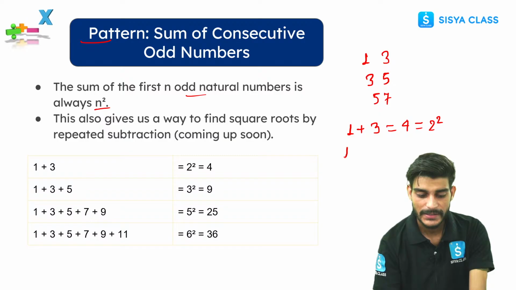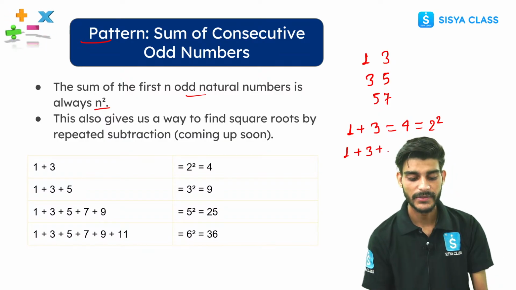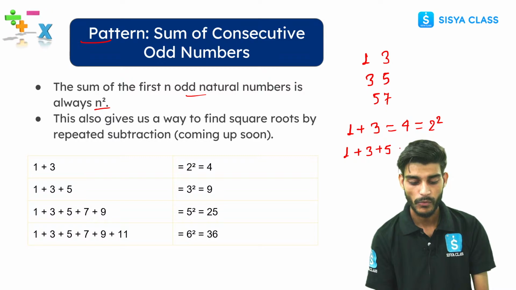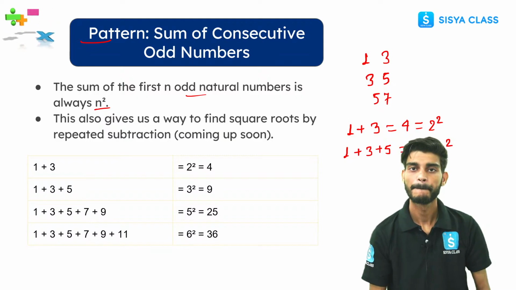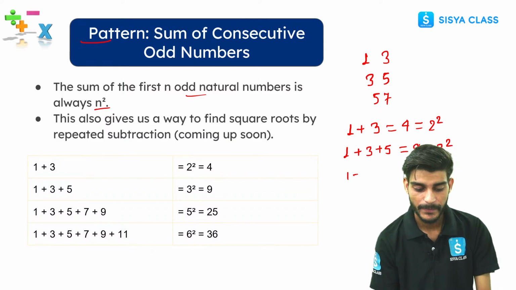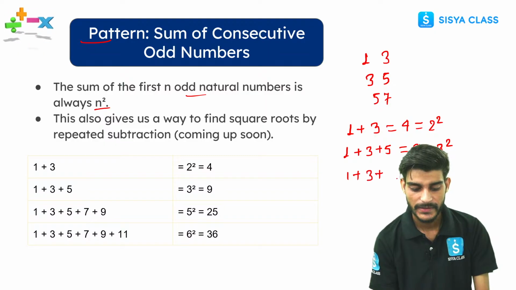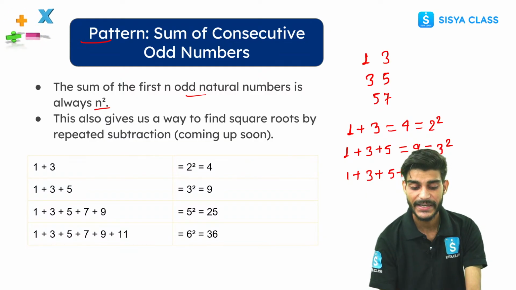Clear? 1 plus 3 plus 5, adding the next consecutive odd number, that is 9, which is 3 square. Next odd number, 1 plus 3 plus 5 plus 7, what are you getting? 16, which is 4 square.